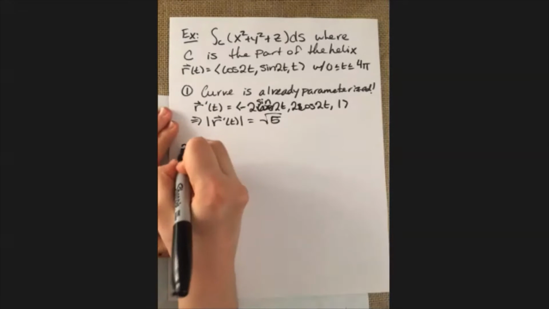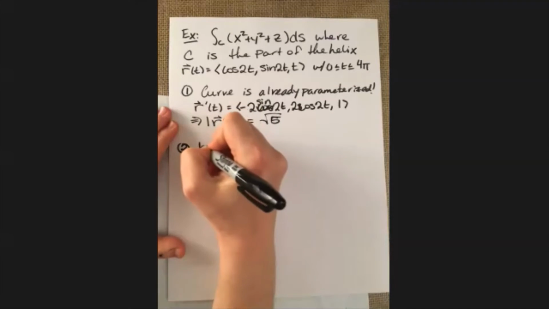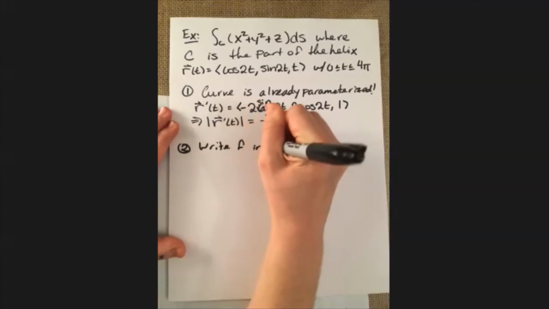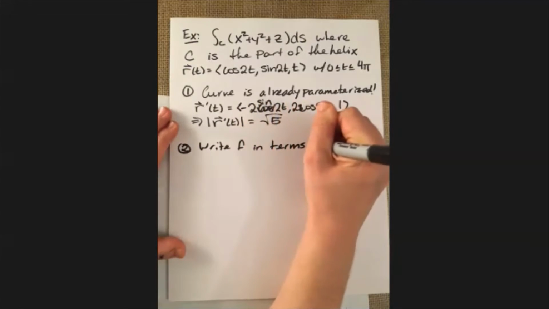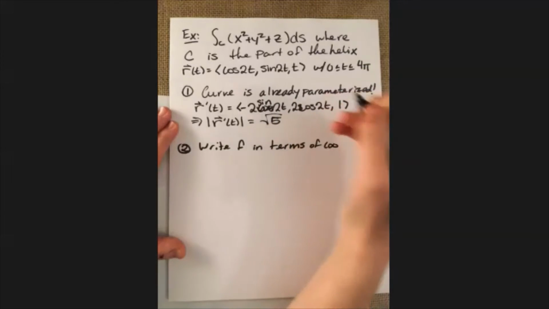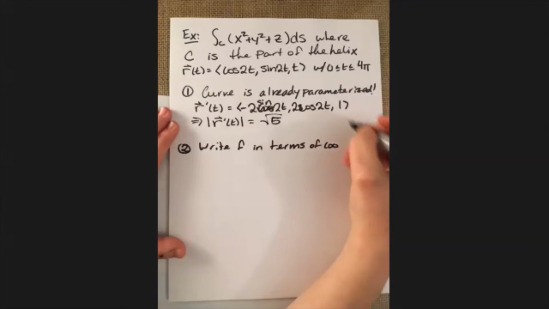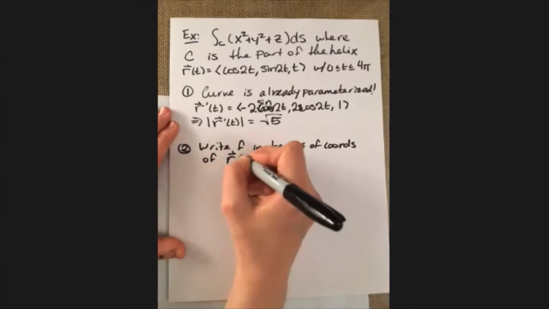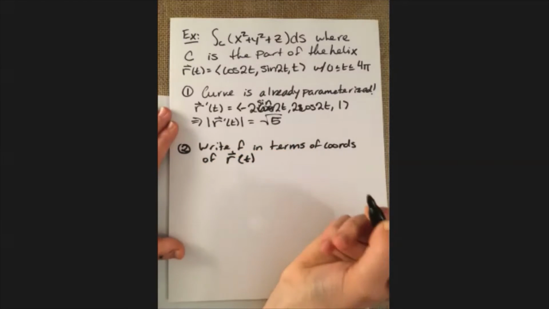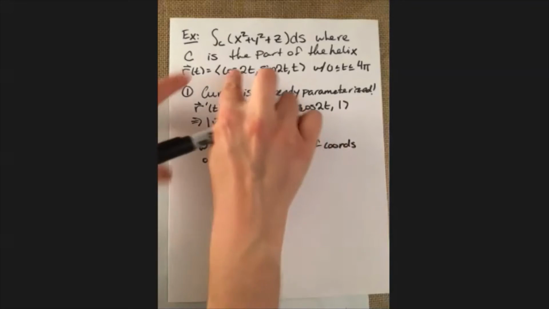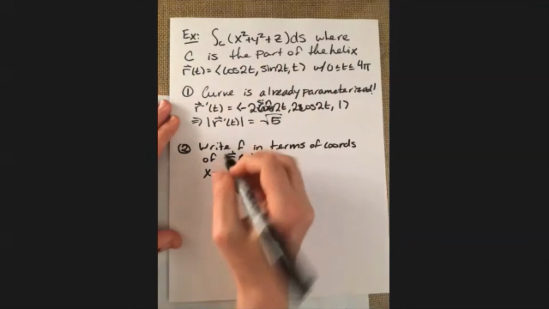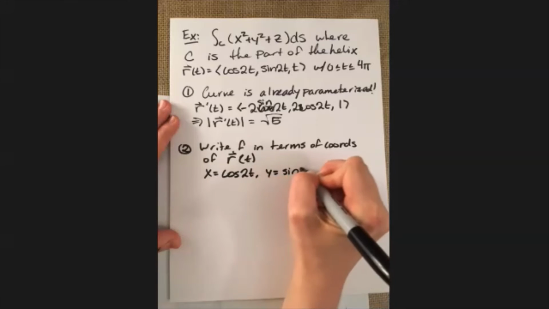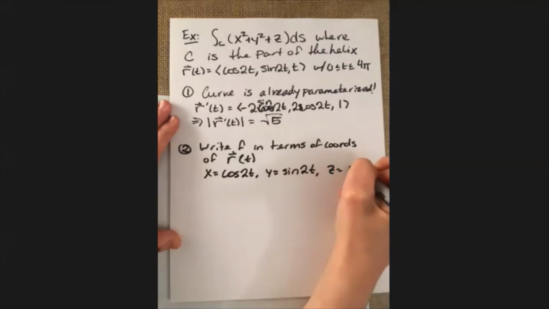Step 2. We are going to write f in terms of the coordinates of C, or r of t. Based on these coordinates, x is equal to cosine of 2t, y is equal to sine of 2t, and z is just equal to t.